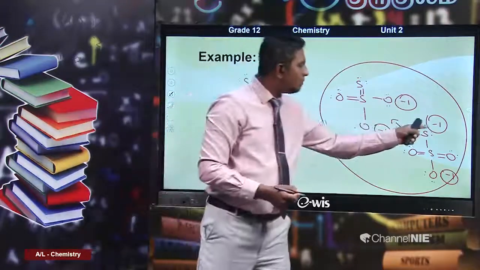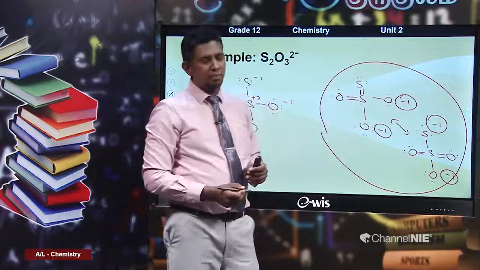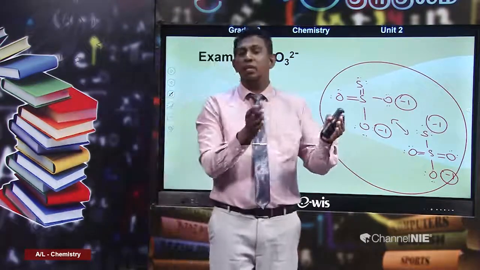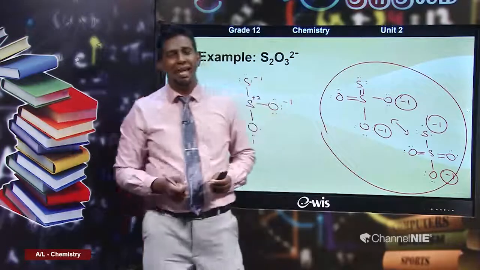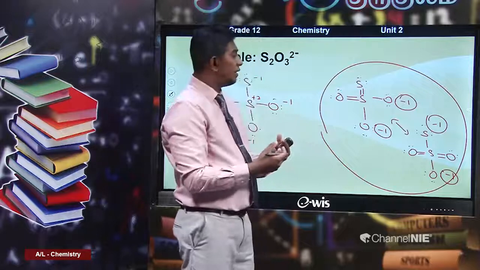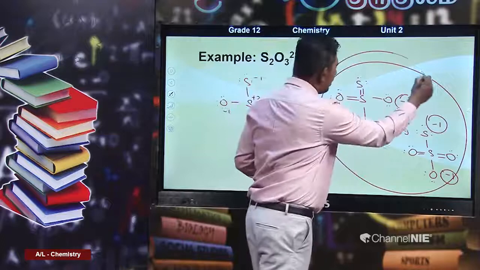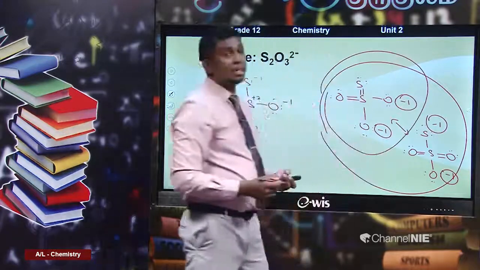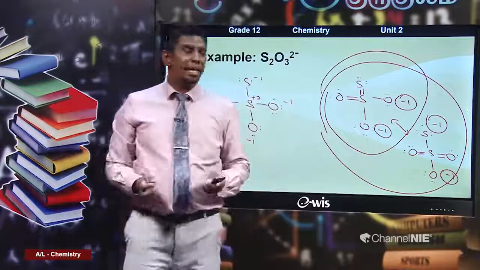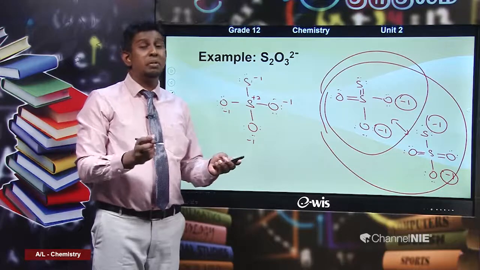Then of those two, which one is more electronegative? It's oxygen, right? Then having the minus charge on oxygen rather than sulfur is better. This is the more stable structure compared to this.